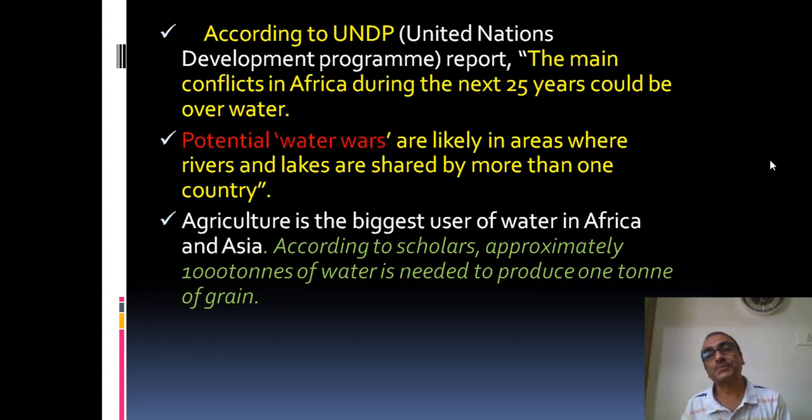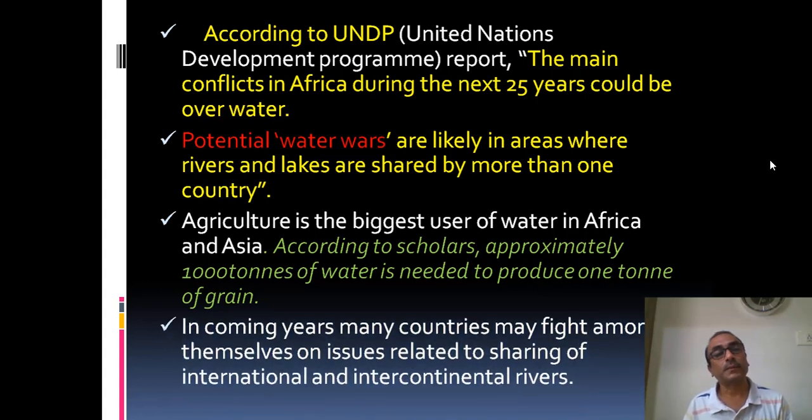According to some scholars, approximately 1000 tons of water is needed to produce 1 ton of grains. 1000 times more water is needed. So we can imagine how important water and water resources are for the production of food for the people of the country, and also for export to other countries.